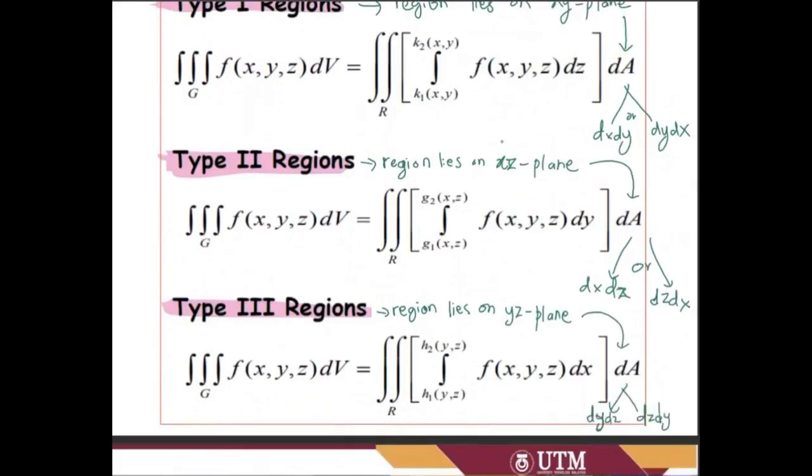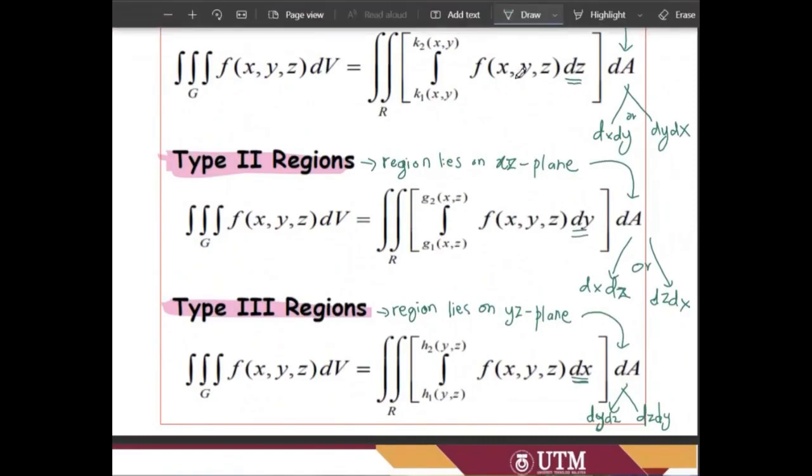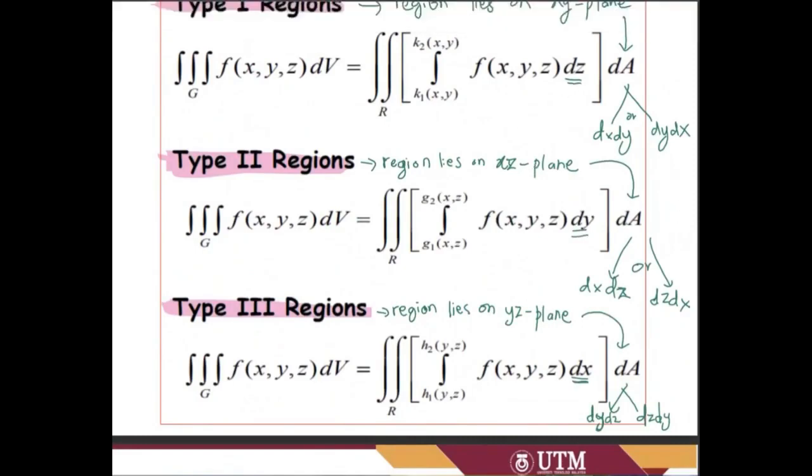So how about the inside integral? For type 1, the inside is dz. Type 2, the inside is dy. Type 3, the inside is dx. So you can remember this. Then I conclude, for type 1, dV becomes dz dA, so dz dx dy or dz dy dx.